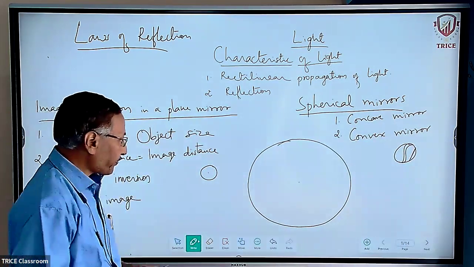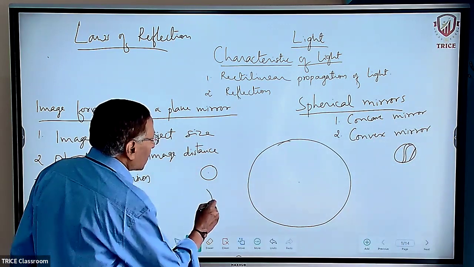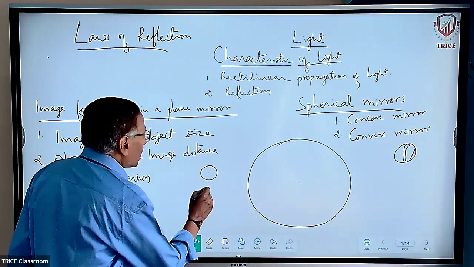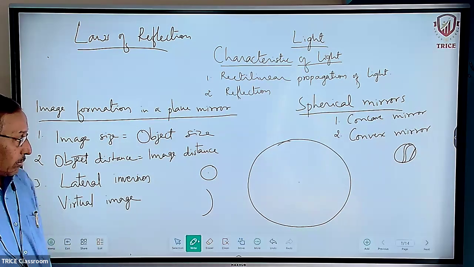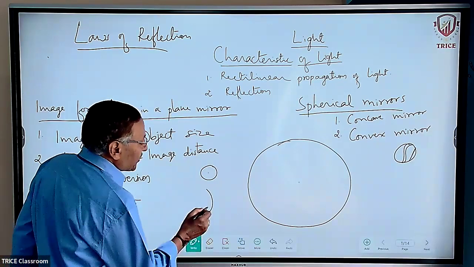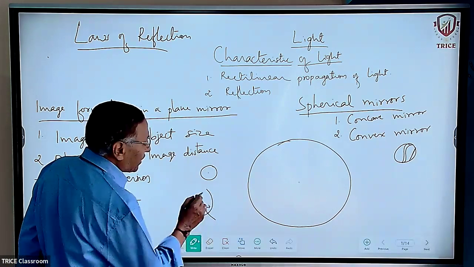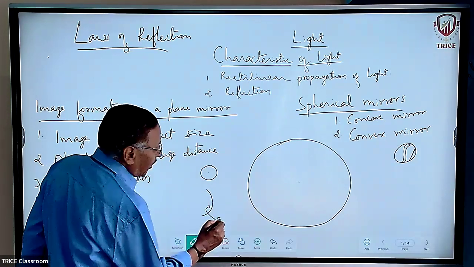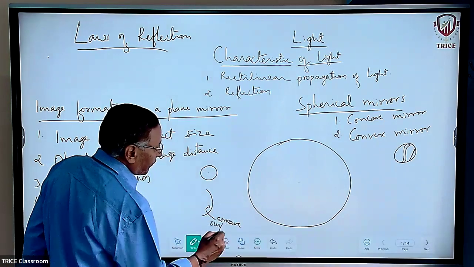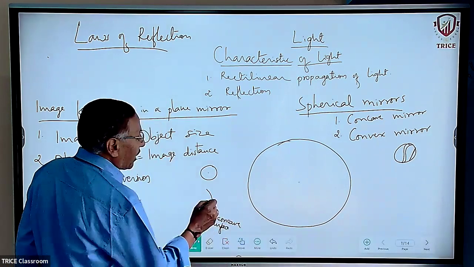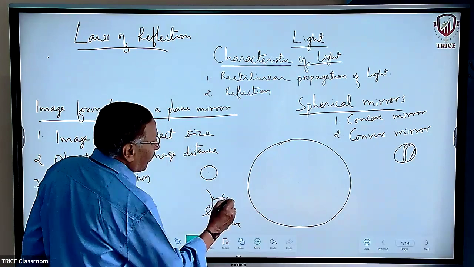Is it not? This is the cut portion of a ball. This depressed part or depressed surface we call as a concave surface, and this bulged surface is called as a convex surface.